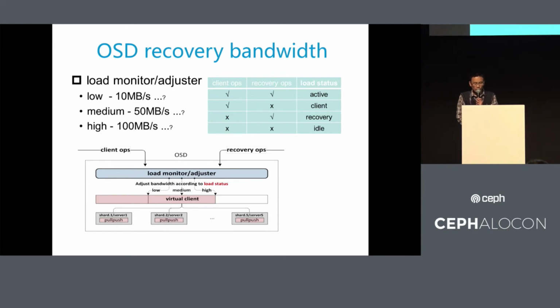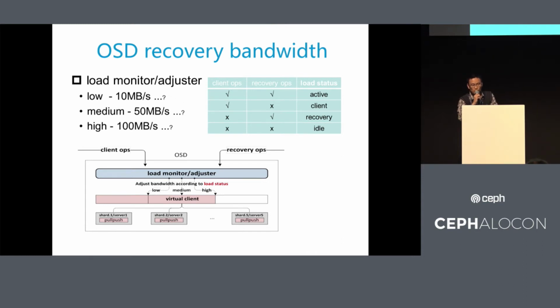Now we can set different target recovery bandwidth for an OSD as needed. Here it is ranked into 3 levels: lower, medium, and high. A load monitor and an adjuster are introduced to the OSD. They monitor whether there is client OP or recovery OP or not.